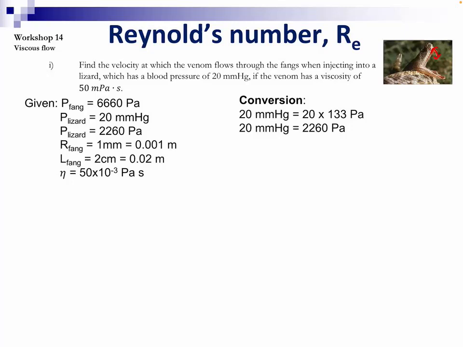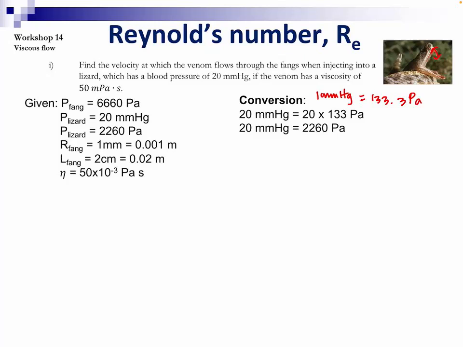We know the pressure across the fangs, just given. The pressure of the lizard is also given in millimeters of mercury, so you need to convert that to pascals to have consistent units. Yesterday we saw that 1 millimeter of mercury is equal to 133.3 pascals.